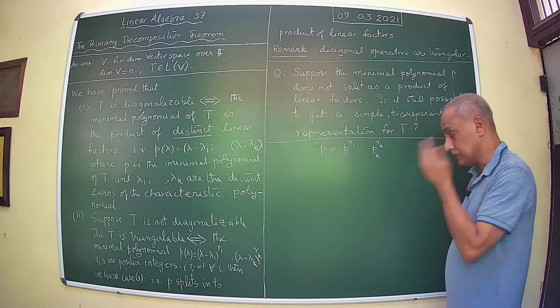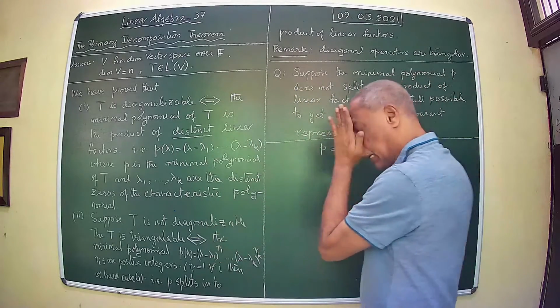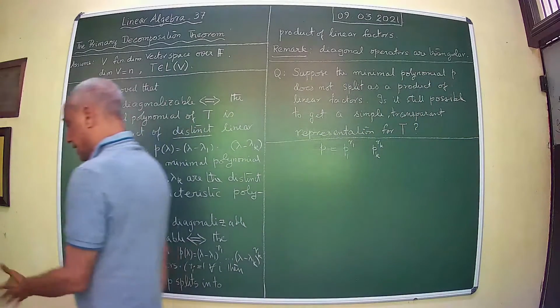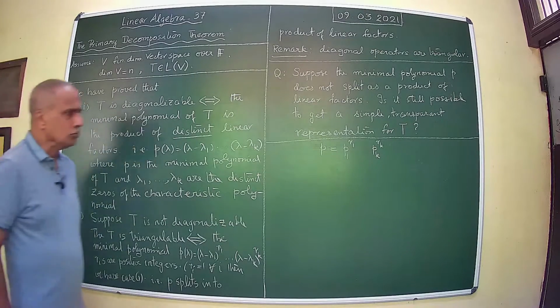There could be situations where they are first-degree polynomials, and we will come back to this particular case. But suppose they are not. You can have a scenario like this.